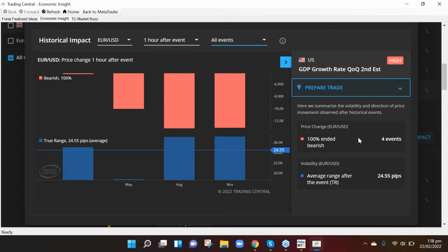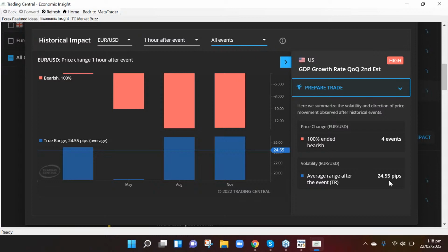So it indicates at the end of the observation period if it was bearish or bullish. So the past 4 events were bearish on Euro USD. And it also gives you the volatility, the average range after the event. So it was 24 and 50.55 pips.